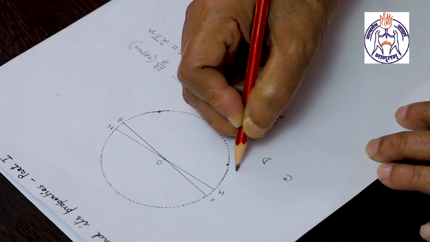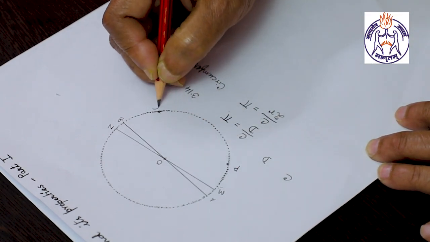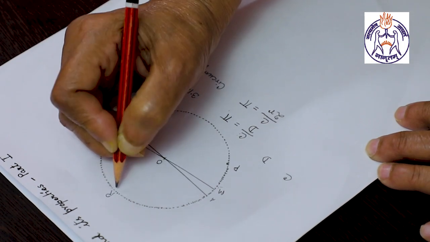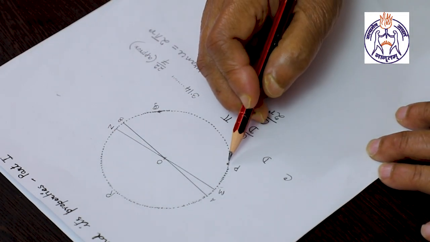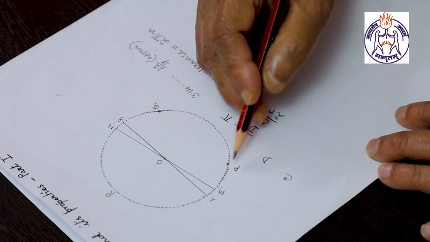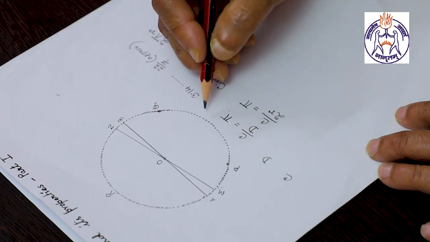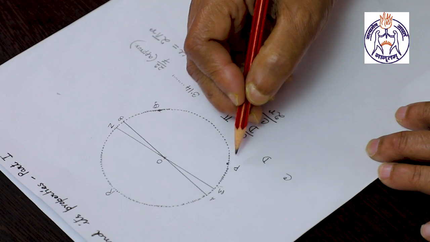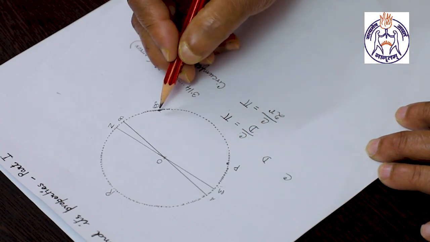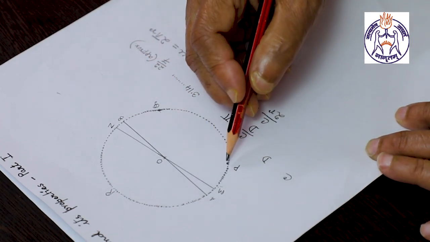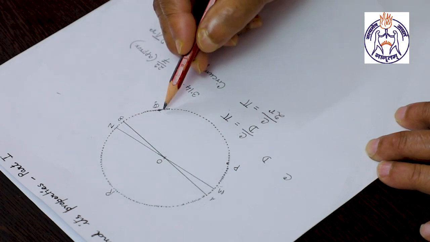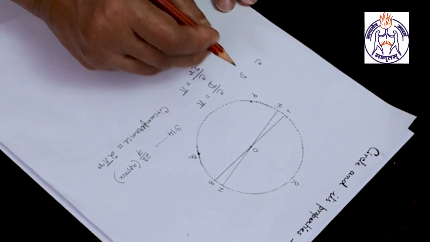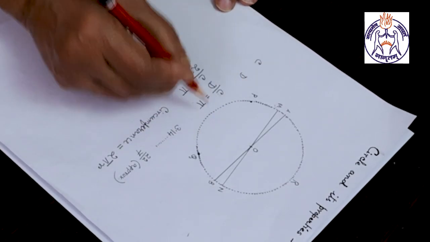Let us call them P and Q. We put an R here. PQ is the minor arc. What is an arc? Arc is part of a circle. So PQ is the minor arc and PRQ is the major arc. So how do we denote minor arc?